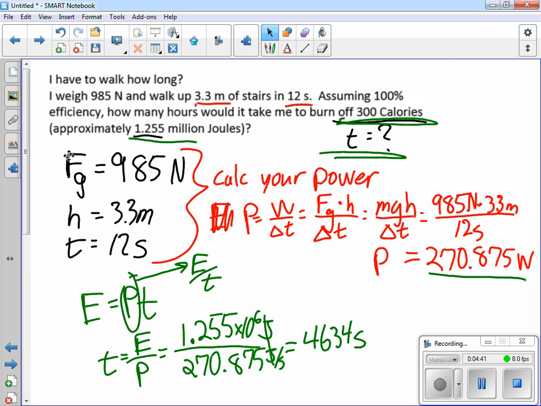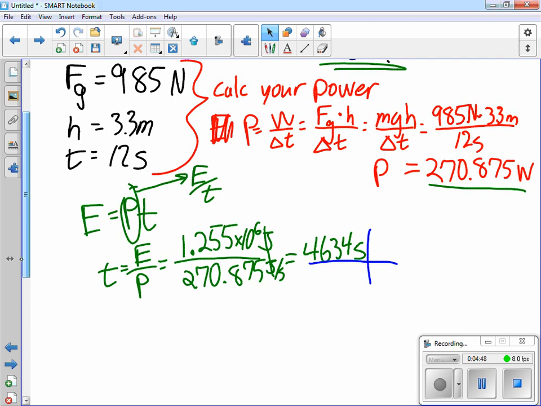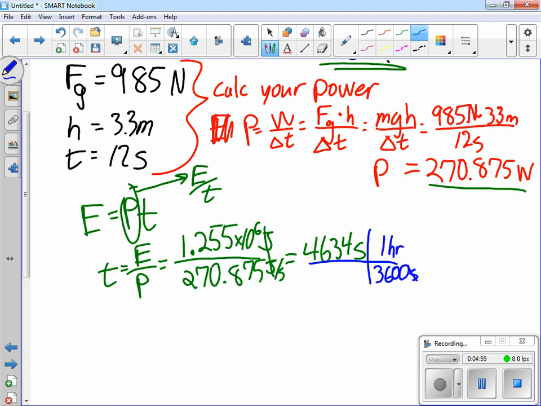Let's go ahead and convert that into hours, because that's what we want. So we're going to do a little conversion action. Let's see. Seconds. How many seconds are in an hour? 3,600 seconds, 1 hour. Seconds cancel out, boom and boom, we get about 1.3 hours.